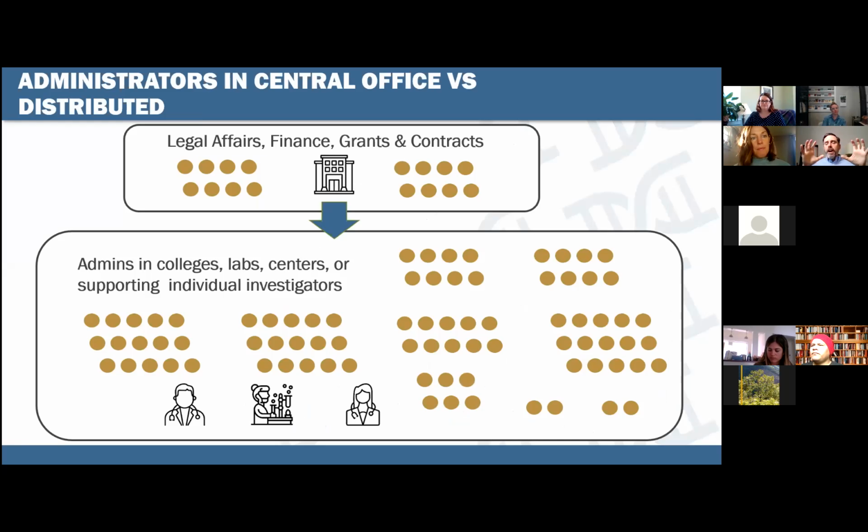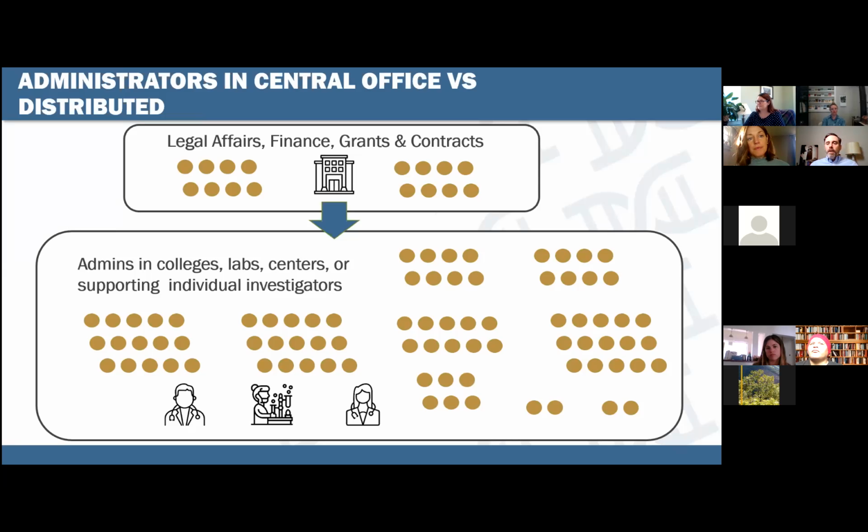So this graphic is just meant to give you an idea of what that hybrid model looks like. In terms of numbers, you're only going to have a few central offices with a handful of people in each one doing, whether it's legal affairs, finance, or grants and contracts. And the vast majority of the administrators are going to be decentralized in the laboratories, in the departments with the investigators.